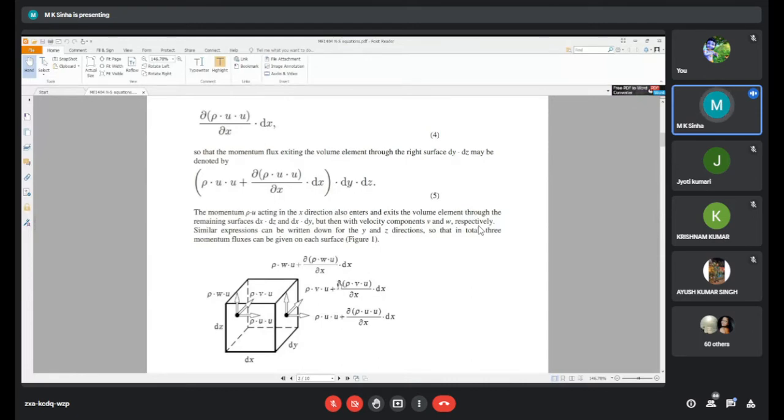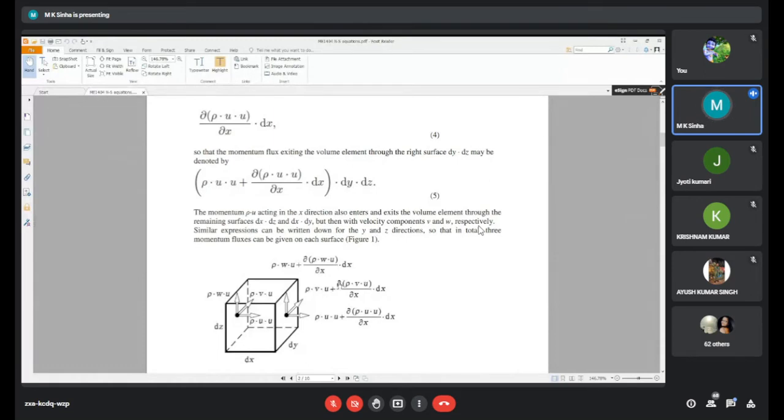So the momentum rho u acting in the x direction also enters and exits the volume element through the remaining surfaces, such as dx dz, the front surface. Then dx dy, that is the top.